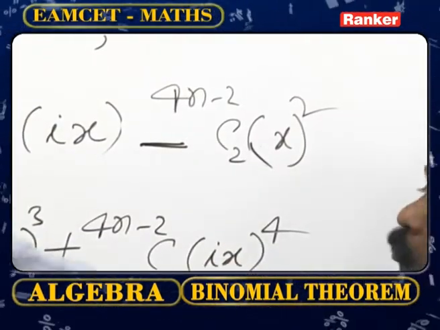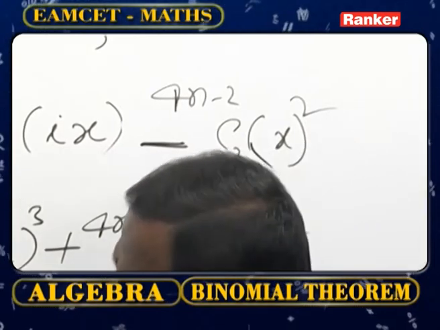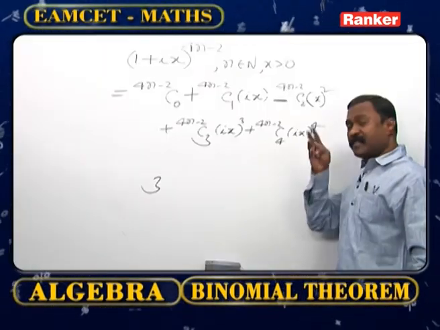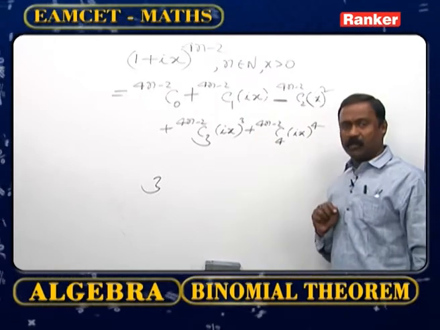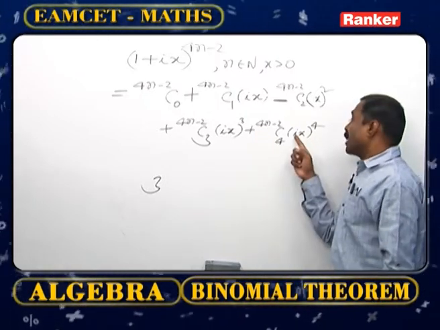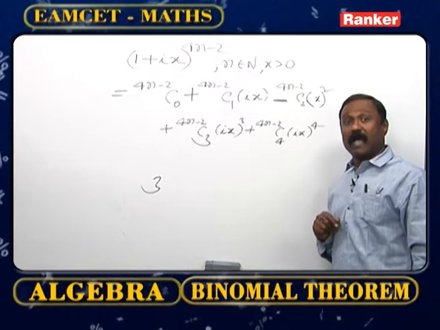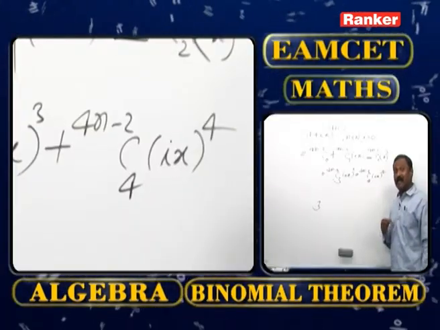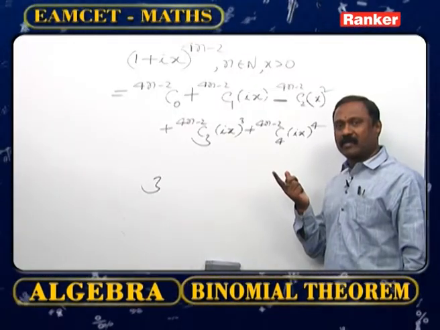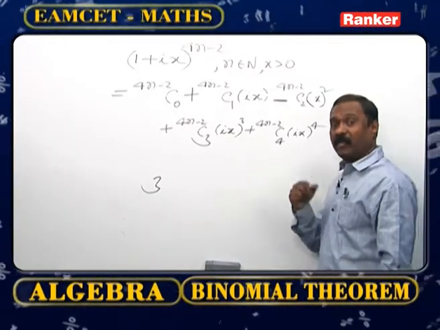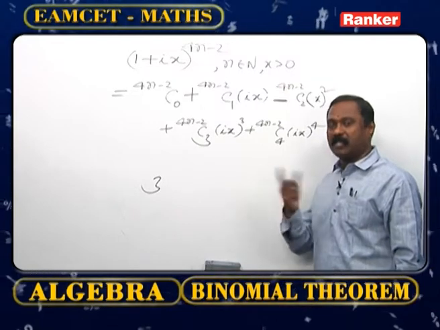Which term it is? First, second, third. So, third term. Next you imagine I power 4 becomes 1 only, but it is not negative. Next I power 5 becomes I. Next I power 6 becomes I power 4 into I square, which is nothing but minus 1.